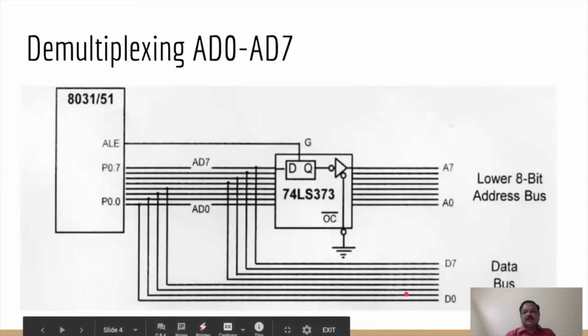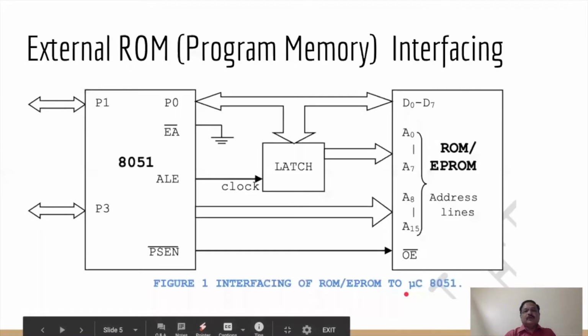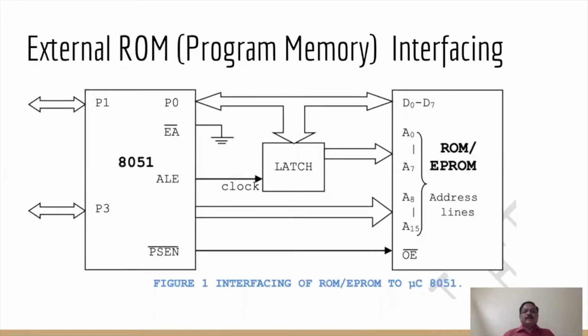Now we'll go for memory interfacing. First, we'll discuss the program memory. You know, in the 8051, there is a 64K program memory space and 64K data memory space. Here it is shown in general how to interface the program memory with the 8051 microcontroller.